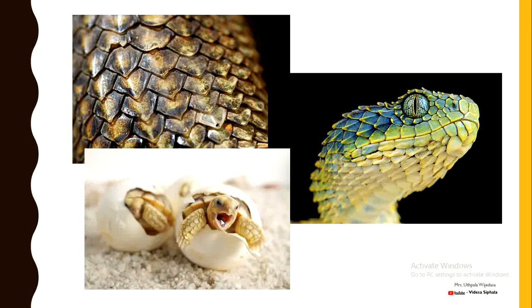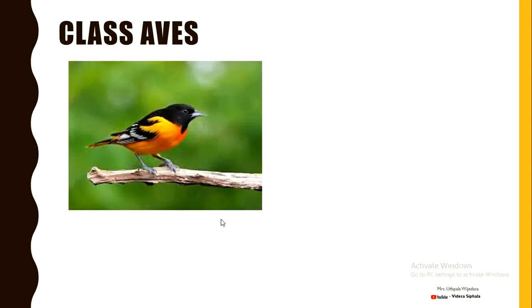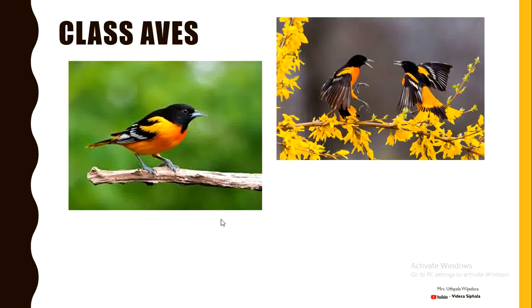Then in our evolutionary tree, we are moving on to the next class of subphylum Vertebrata, that is class AVES. These are very well adapted to live on land. Birds belong to class AVES, and you know there are so many species of birds which add natural beauty, like the sparrows, hummingbirds, kingfishers, ostrich, penguin, jungle fowl.